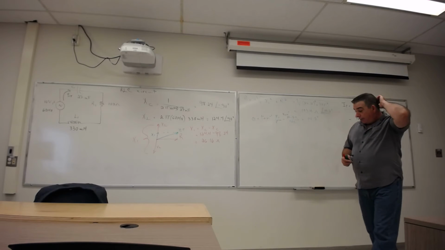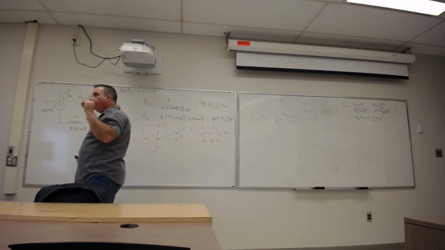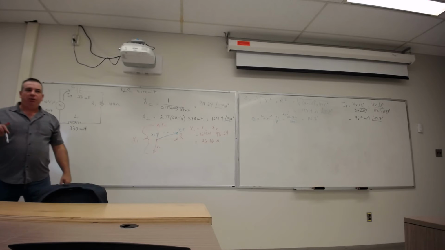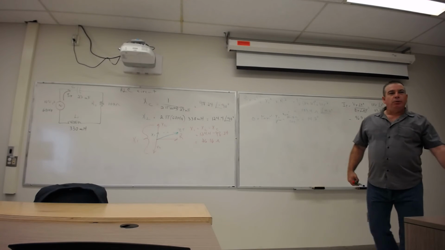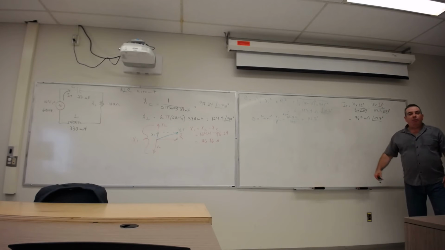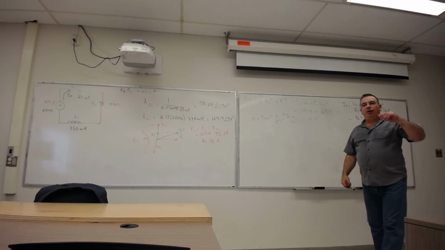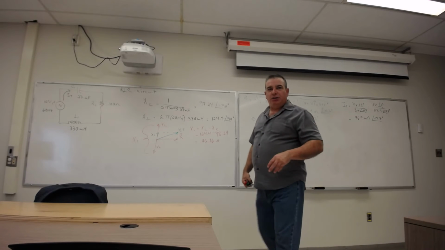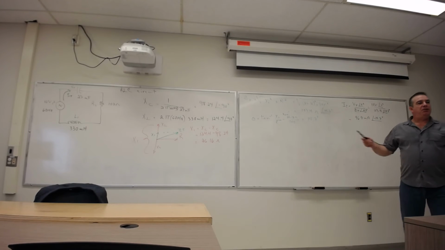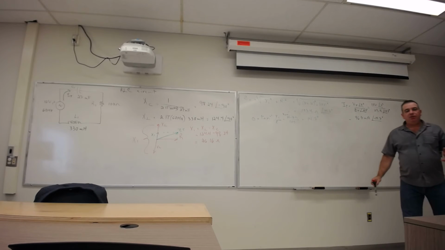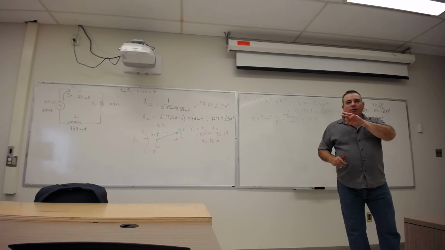Oh, by the way, our first test is going to be on October the 4th in here. That should be a Thursday. It's going to have one problem similar to this, and the others are going to be multiple choice diode questions. If you want to study for those, go online and type in Google multiple choice diode questions.